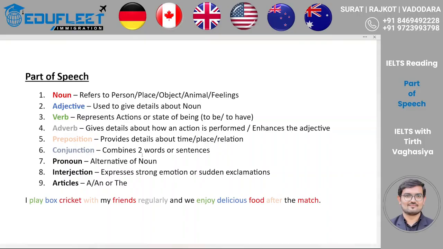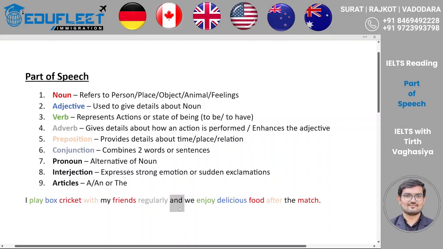There are different types of conjunctions, maybe contradictory, maybe reasoning, or maybe providing the order. So before, after, and, or, therefore, so, because, however, but. All of them are conjunctions. Do we have a conjunction over there?